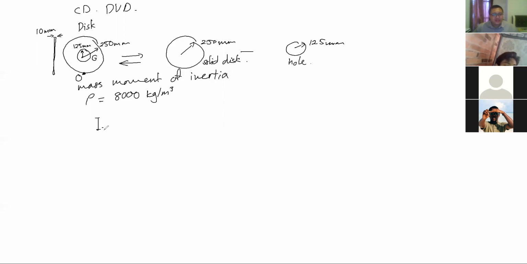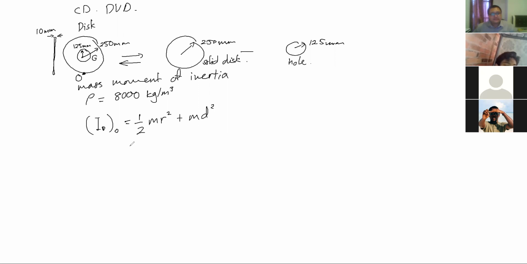So I_D, the mass moment of inertia of the disk at point O. To do so, the general formula for a shape like that is going to be half m r square plus m d square.